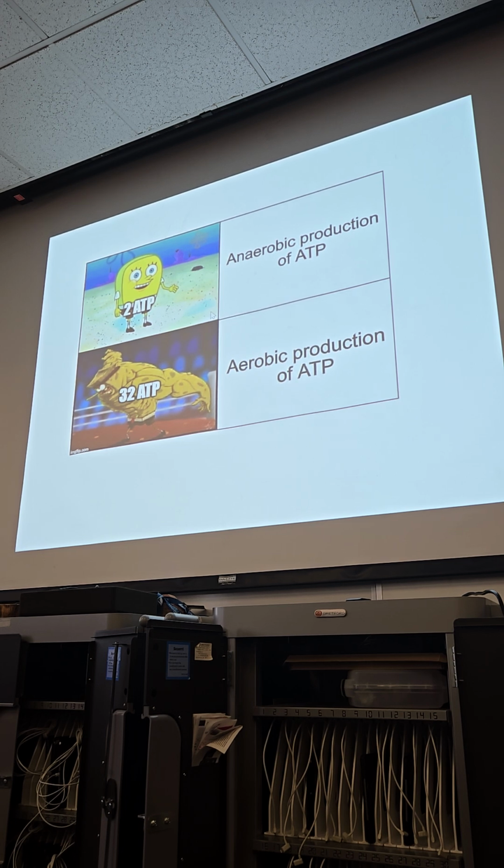I don't know, could it be these 2 and then these 2? Is that 4? 1 free BPG, 2 NAD plus, 2H plus, 2 Pi.